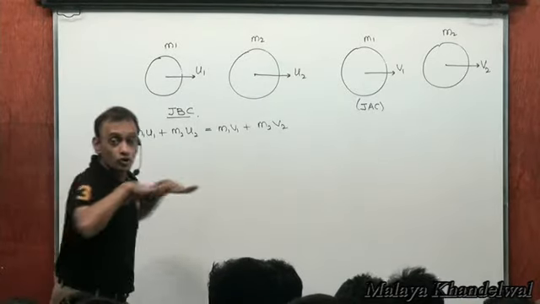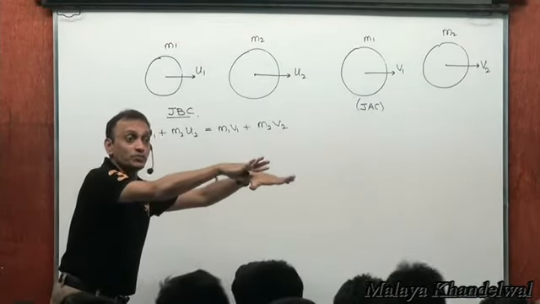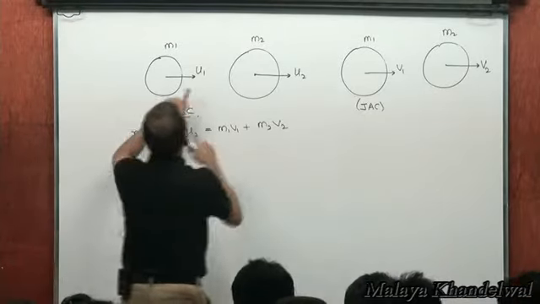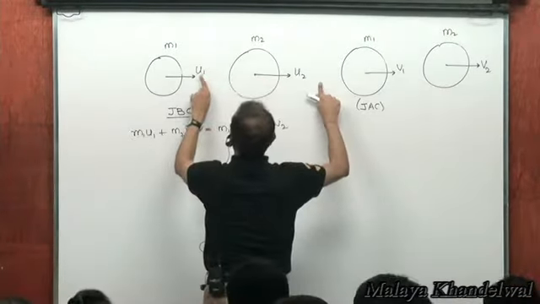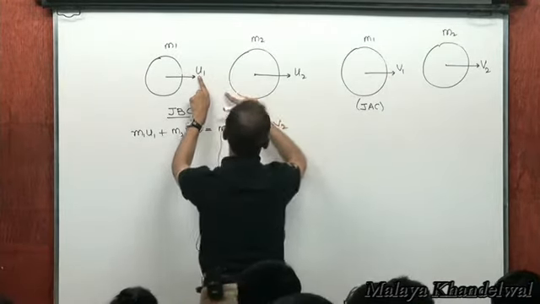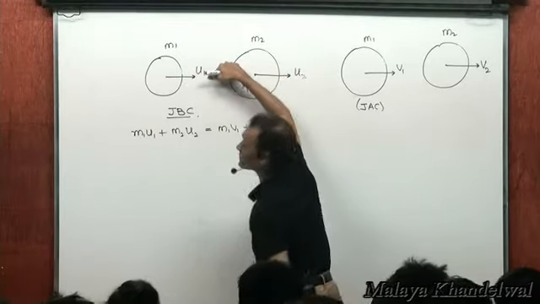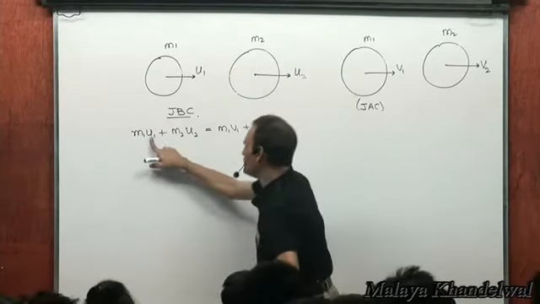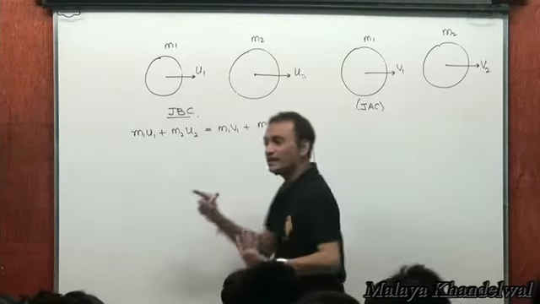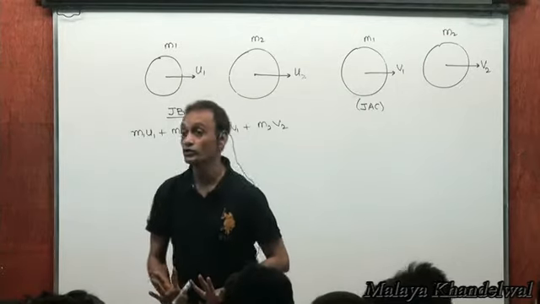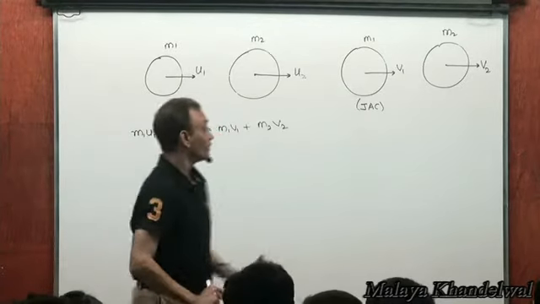That means if I have chosen everything in one direction positive, then in the other direction it's going to be negative. Say if everything in this direction was positive and this was 3 meters per second this way, then u1 would be plus 3 meters per second. If u2 was say 4 meters per second this way, then u2 would be minus 4 meters per second. So these numbers u1, u2, v1, v2 are algebraic. So algebraic linear momentum remains the same before and after collision.